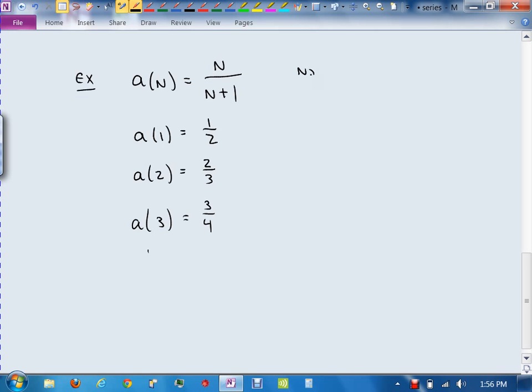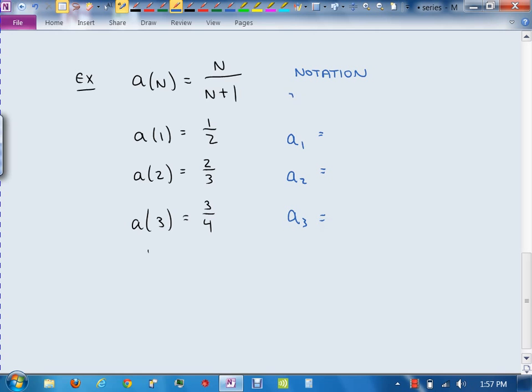Now a little bit about notation. I'm going to put this next to this. Because it's somewhat a pain to write a of 1, a of 2, a of 3. Instead of that, I write a sub 1, a sub 2, a sub 3, and it means the same thing. It means take your function here and replace your n's with 1, 2, 3, and you get the same exact results, right? 1/2, 2/3, 3/4.